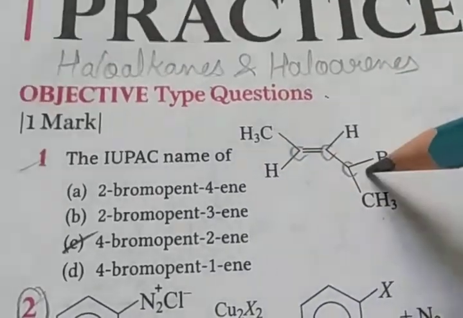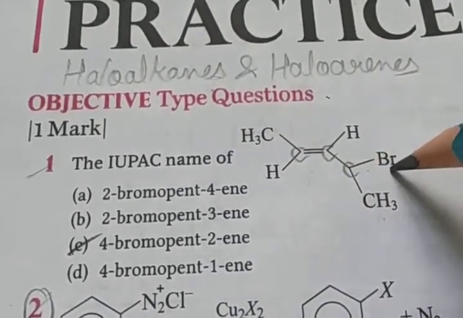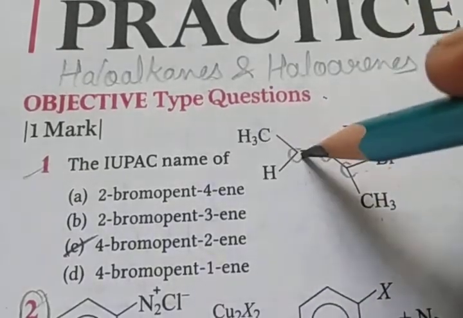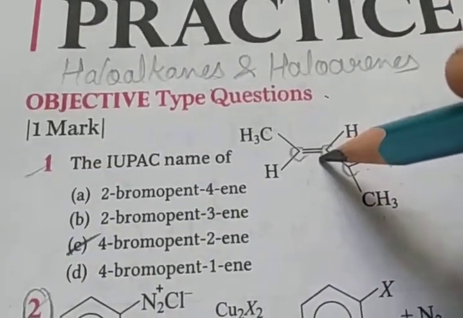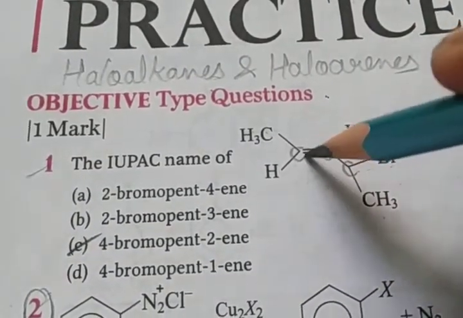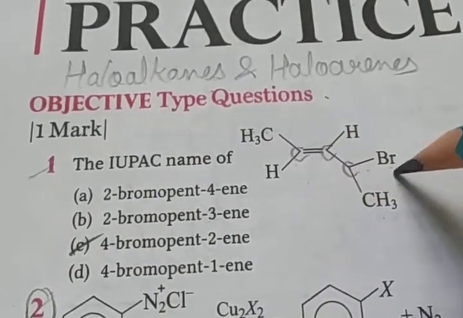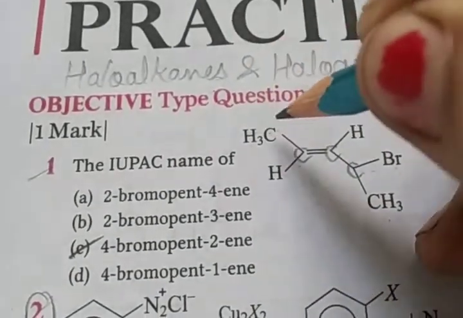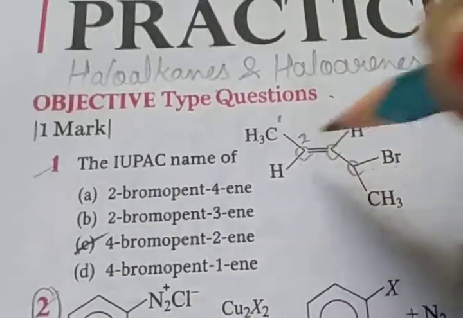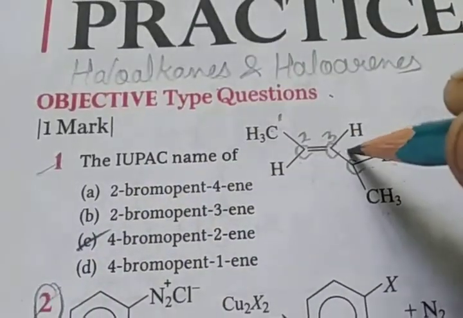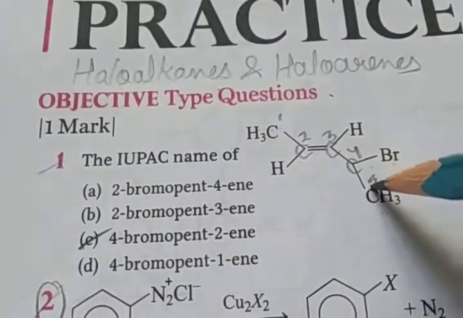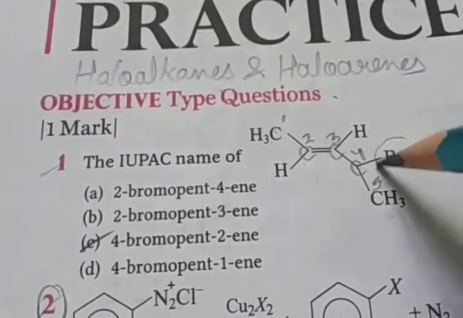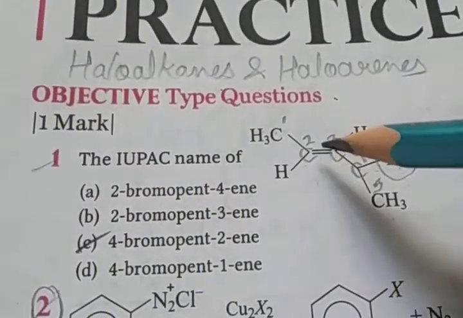Bromine, a halogen, is attached, and after the second carbon there is a double bond. You already know double bond gets priority first, then the functional group. So this is carbon number 1, 2, 3, 4 and 5. At the fourth position Br is attached, and the double bond is at the second position.